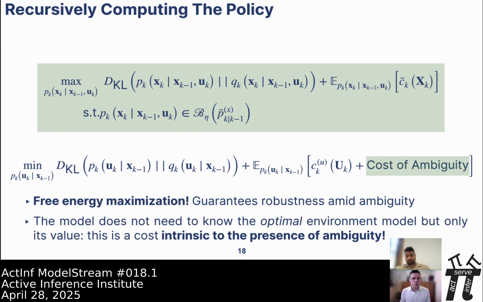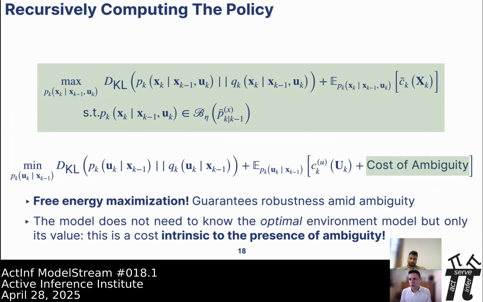So, just two key takeaways here. There is a free energy maximization step. If you look at the top equation in green, you will realize that it is maximizing a variational free energy. It turns out that this free energy maximization step, which gives us a cost of ambiguity, is what guarantees robustness.